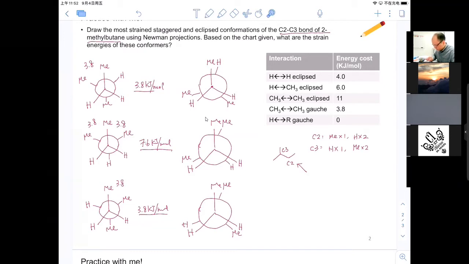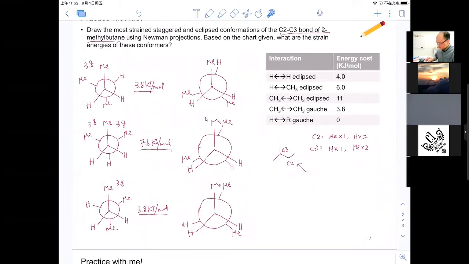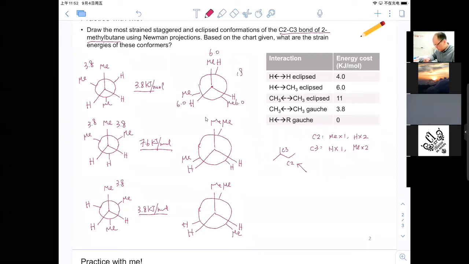So we have 3 pairs of methyl hydrogen interactions, which is eclipsing. The hydrogen methyl is 6.0. So we have 6, 6, 6. So the total is 18 kilojoule per mole.